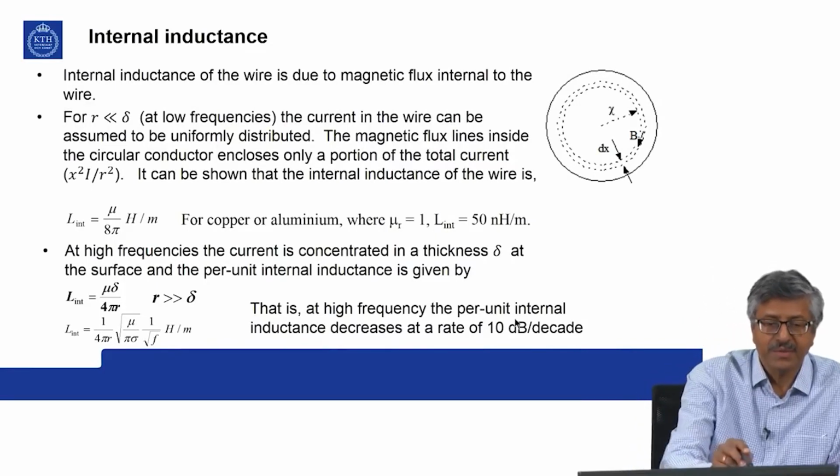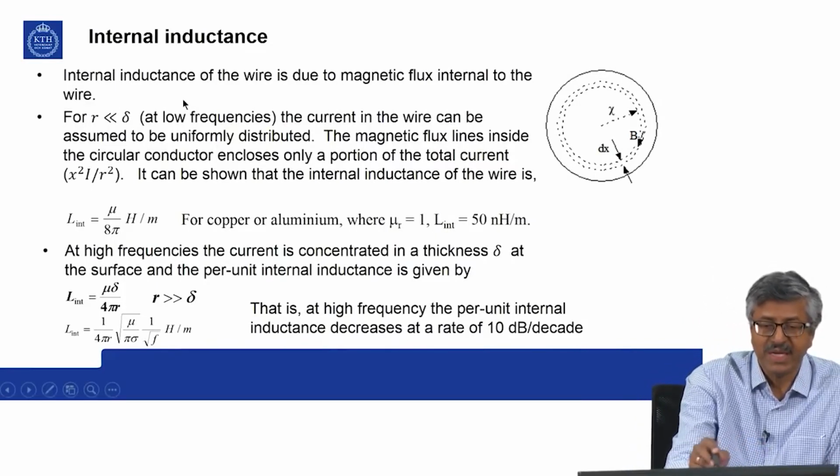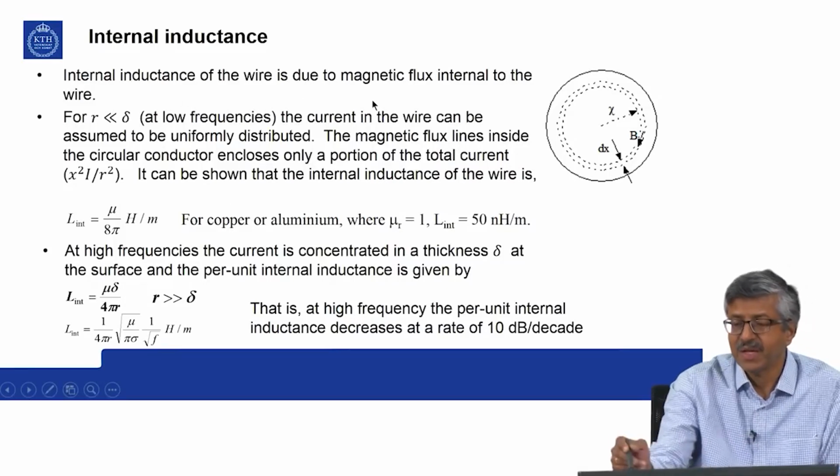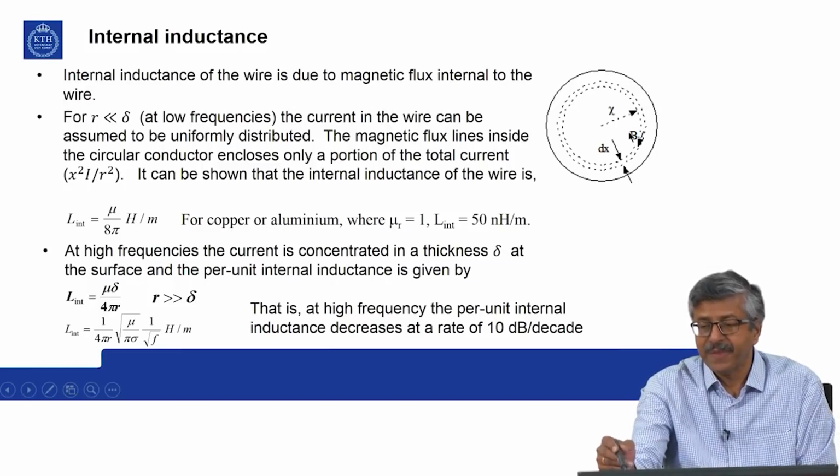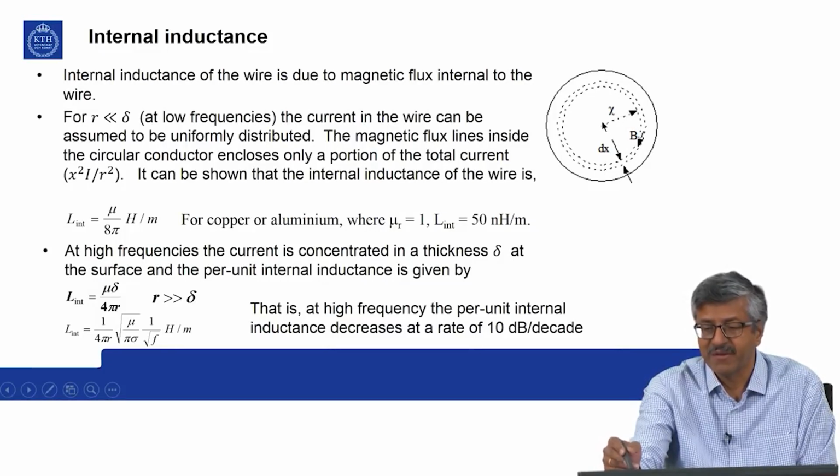Here some more details of finding the internal inductance are given. This is radius r and this is x, let us say an arbitrary value, and you get the total current by integrating from x equal to 0 to r. All the current densities are available here.